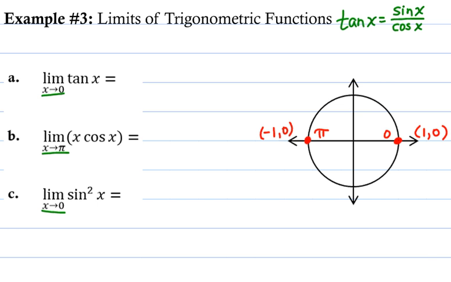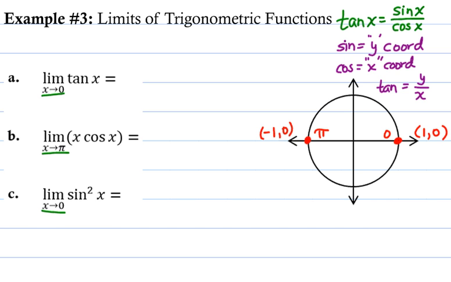A little shortcut with the unit circle, and I'm going to write this in also, is that sine is considered to be the y-coordinate, and cosine is the x-coordinate. And whenever I have to find tangent, tangent is actually going to be the y-coordinate divided by the x-coordinate, which is the same as saying the sine of x over cosine of x.